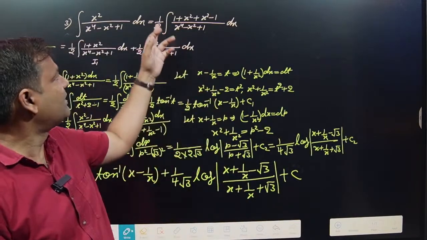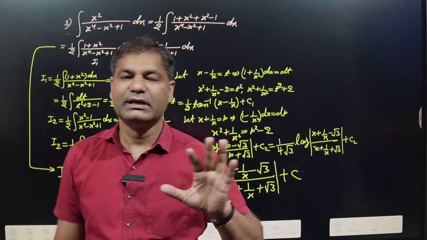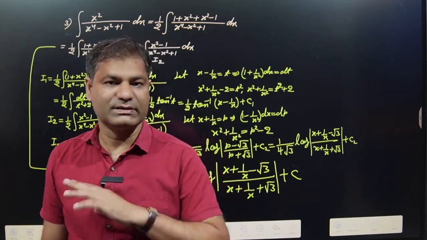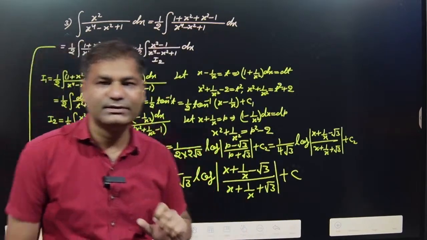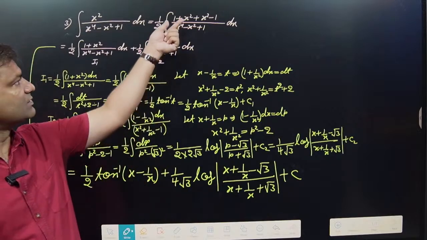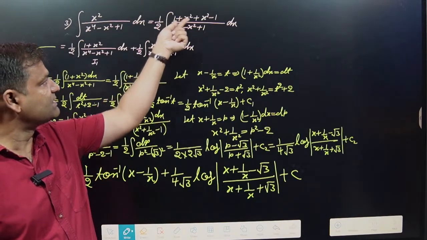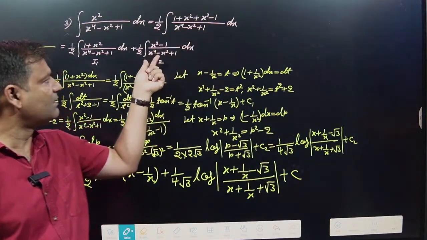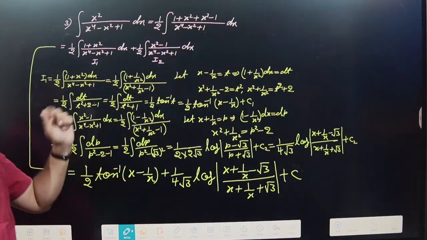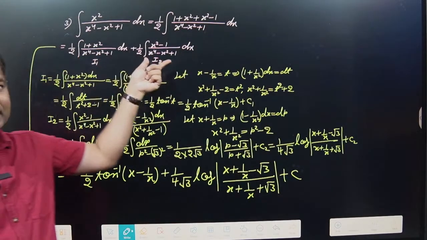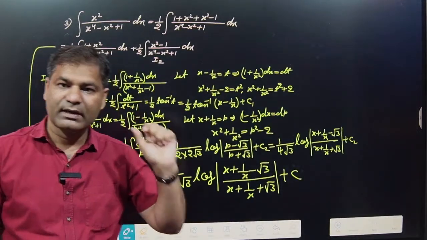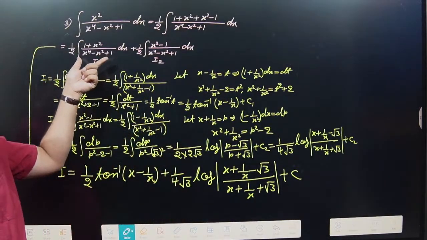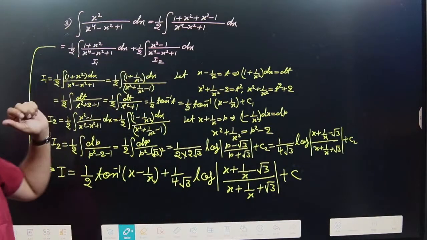Then we get 1 by 2 into 1 plus x square plus x square minus 1. The advantage is that you can use 1 plus x square upon the denominator and x square minus 1 upon the denominator individually in dx. So if this one is I1 and that is I2, you can solve I1 and I2 individually.